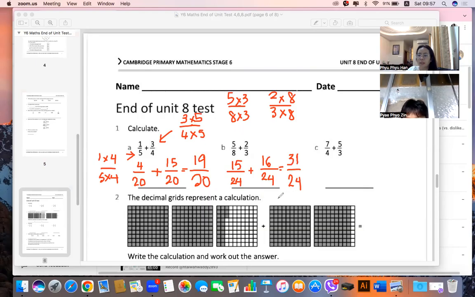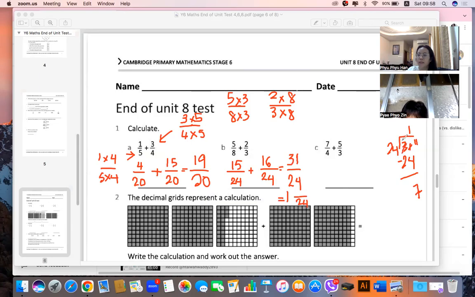What can we do is we can divide. Yes, correct. So 31, you divide with 24. Only 1, right? So what is the remainder there? 11 minus 4, we get 7.